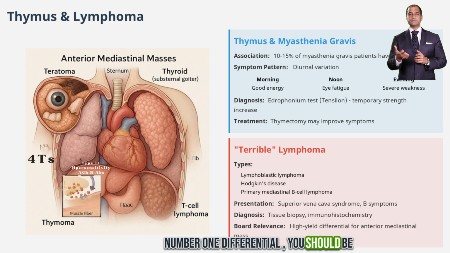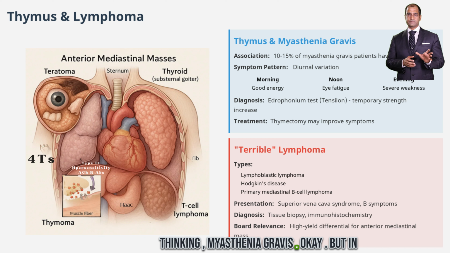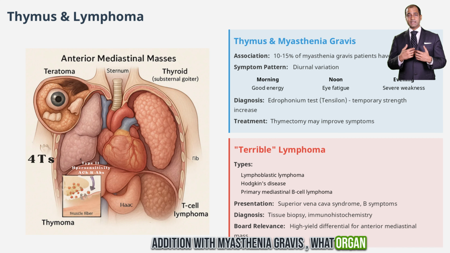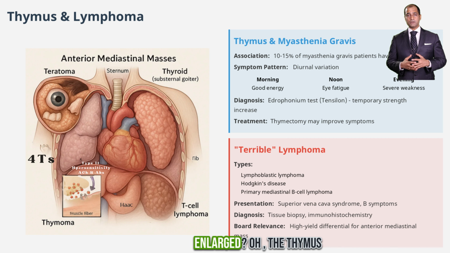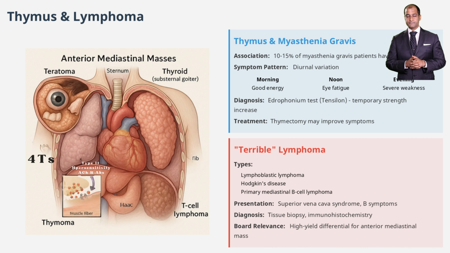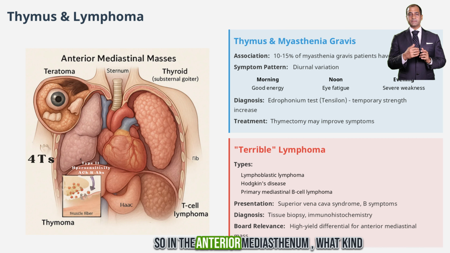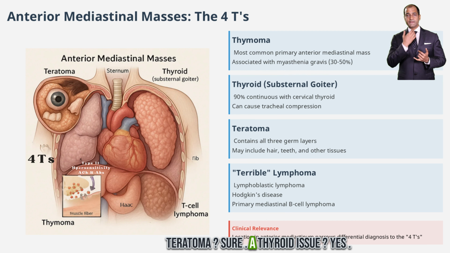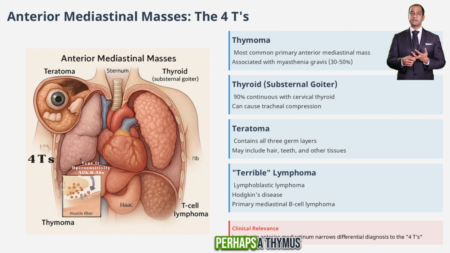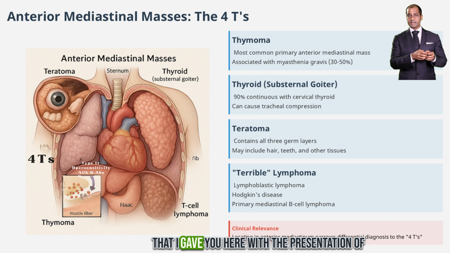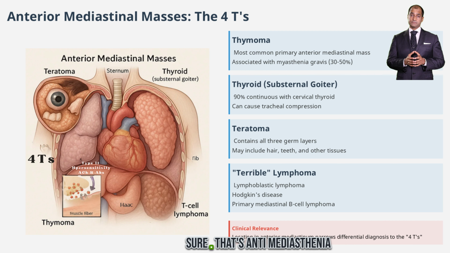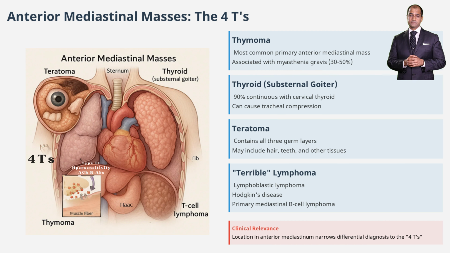Number one differential, you should be thinking myasthenia gravis. But in addition, with myasthenia gravis, what organ in the anterior mediastinum might be enlarged? Oh, the thymus. So in the anterior mediastinum, what kind of issues might you be looking for? A teratoma? Sure. A thyroid issue? Yes. Perhaps a thymus, which I gave you here with the presentation of myasthenia gravis. Could it be a lymphoma? Sure. That's the anterior mediastinum.